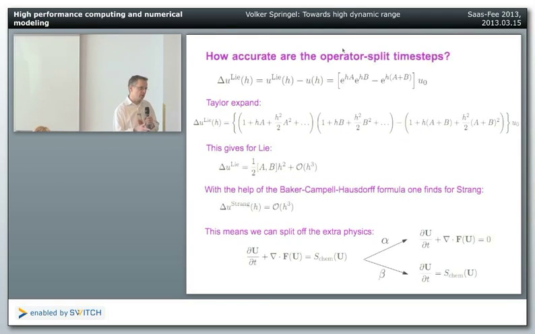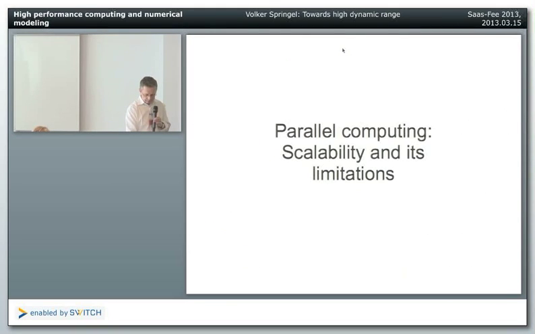I showed you an example for the gravity split in the 3 p.m., where we decoupled the long-range dynamics from the short-range dynamics. And this was one example, and the other was the directional splitting in a Cartesian grid code, which is often done.